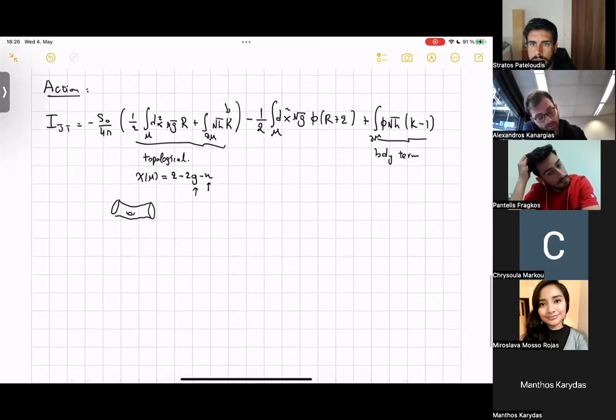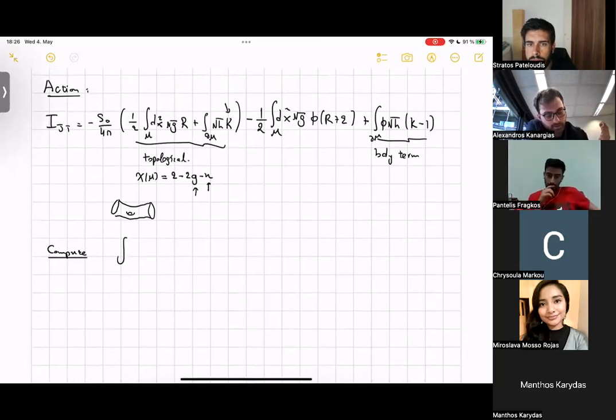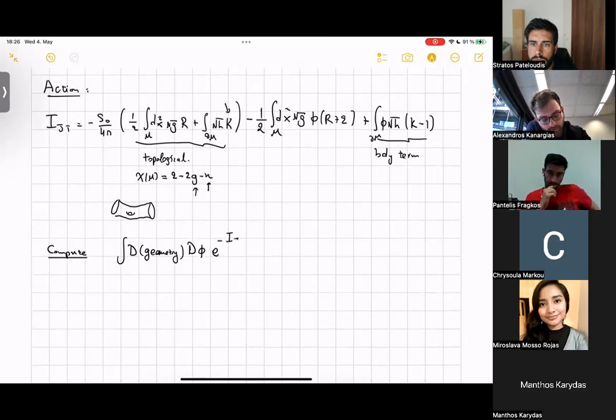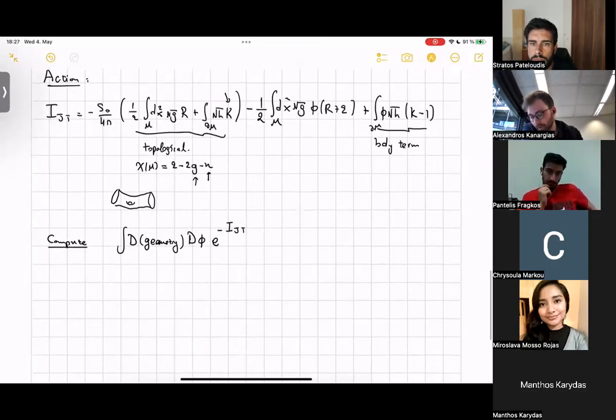And now what one would like to compute is, we want to integrate. The fields that you have here are phi and the metric, and we want to integrate over the geometry, I write it in a very general way, I mean the metrics, and we want to integrate over the field phi of this e to the minus I_JT.